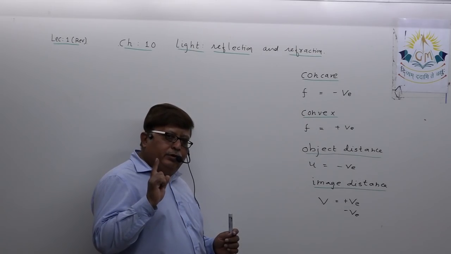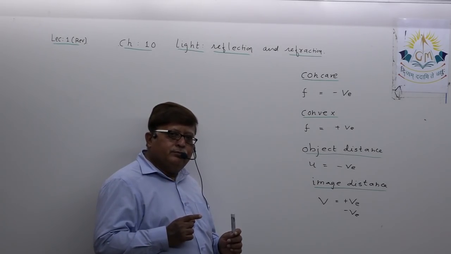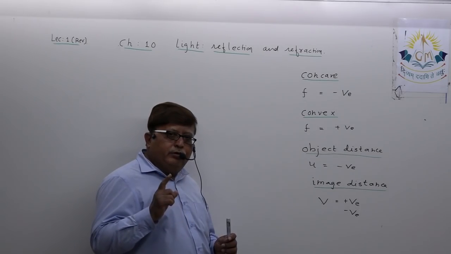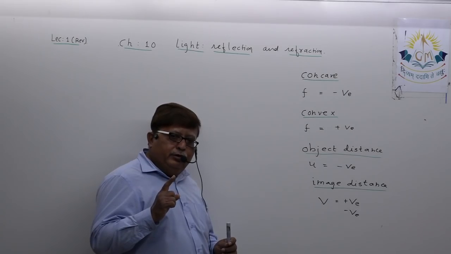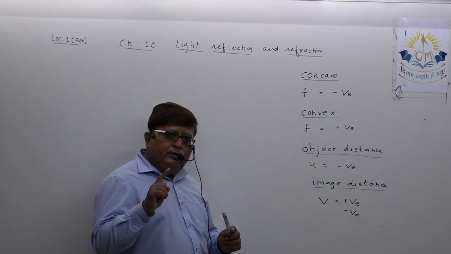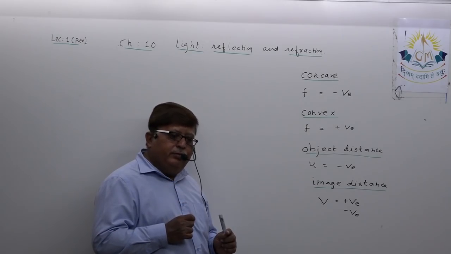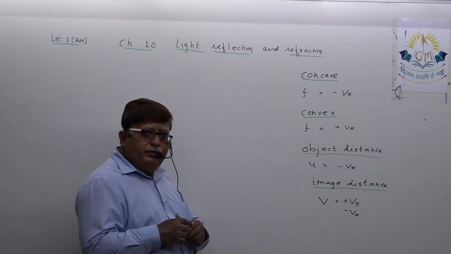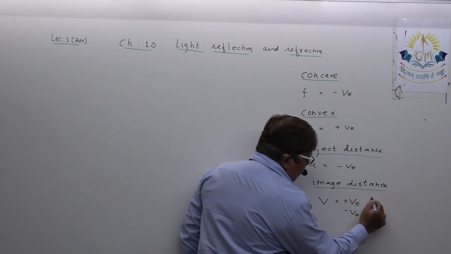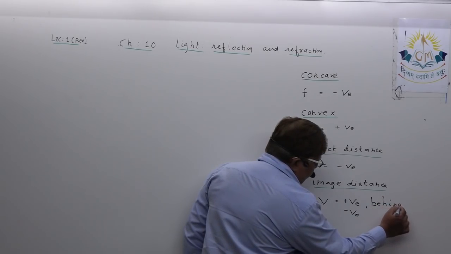Now remember, dear students, whenever image distance turns out positive, this gives you an idea regarding the position of the image. If image distance is positive, then image is formed behind the mirror.